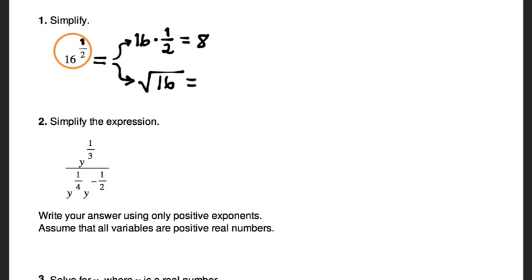So last time we met fractional exponents. We used the properties of how exponents work with one another, how they combine with one another, to justify why raising a number to the 1 half power is the same thing as taking its square root. That's the definition, and that's true no matter what the base of your exponential expression is. If the exponent is 1 half, then it's the same thing as a square root.